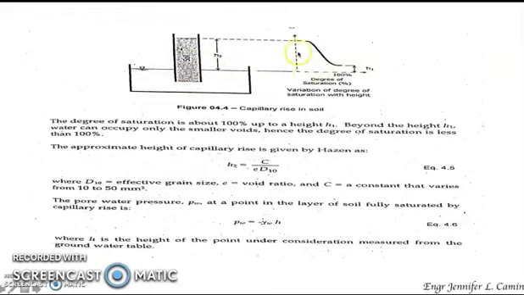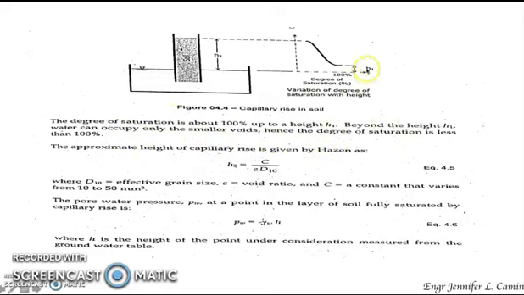So this is now the illustration. We have the capillary rise denoted by H1, and that is now our capillary rise. As the water moves upward within the soil particles, the degree of saturation is about 100% up to height H1.